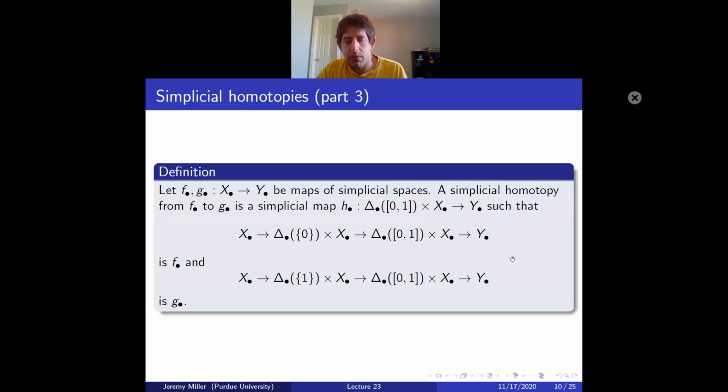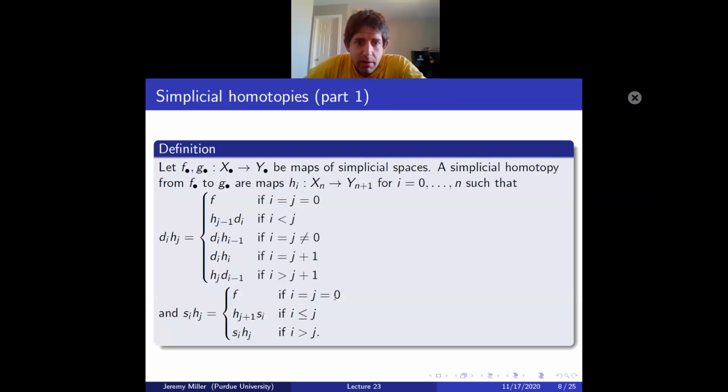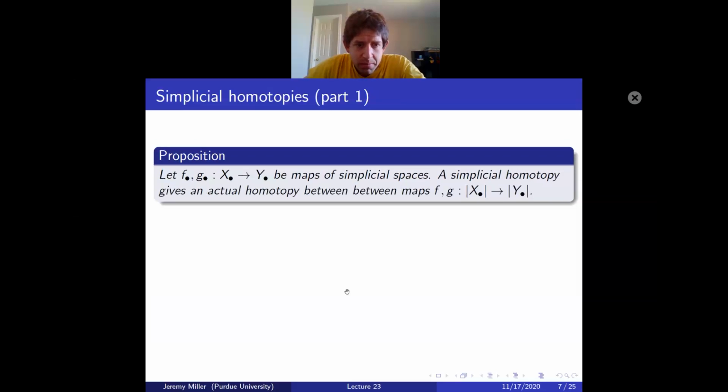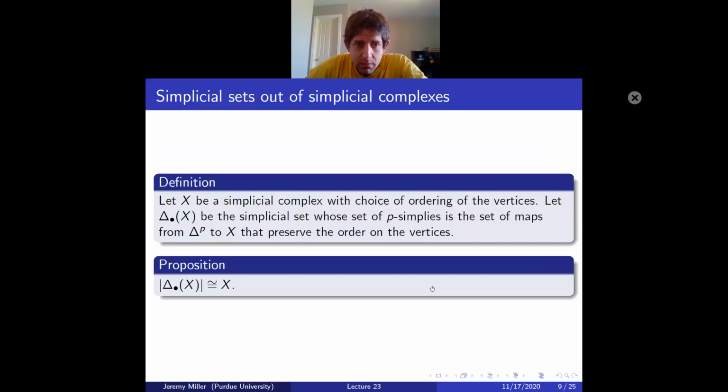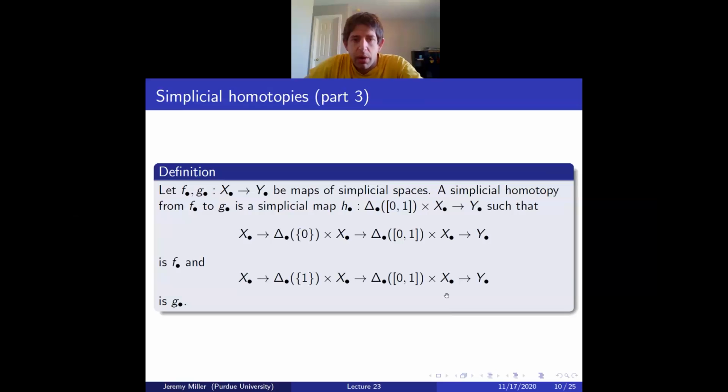And then, if you unwind what all of this means, instead of just one simplicial map from X across an interval, it's actually the data of a bunch of maps from X to Y degree shifted that satisfy axioms. That satisfy this giant formula, except I forgot G. So, any questions?